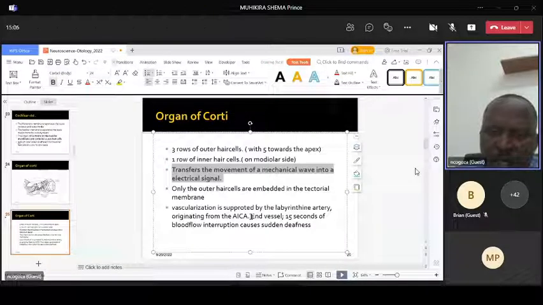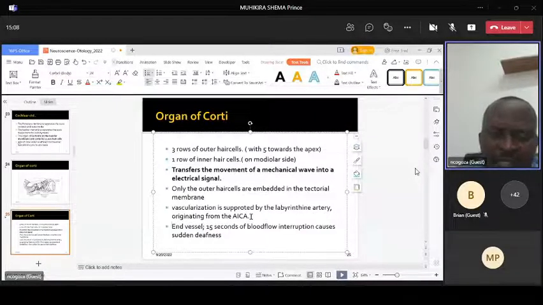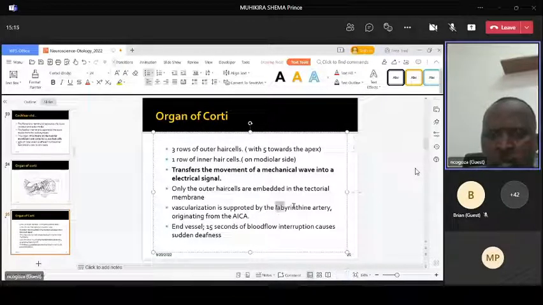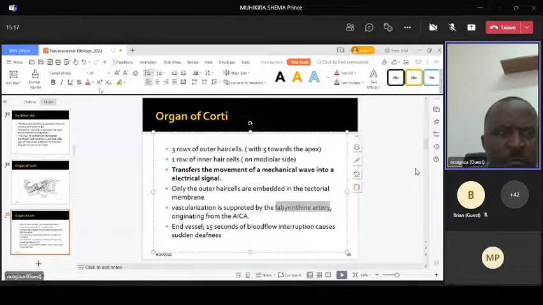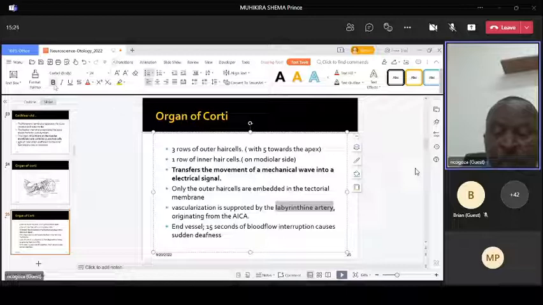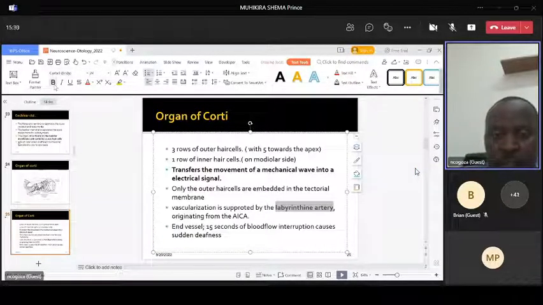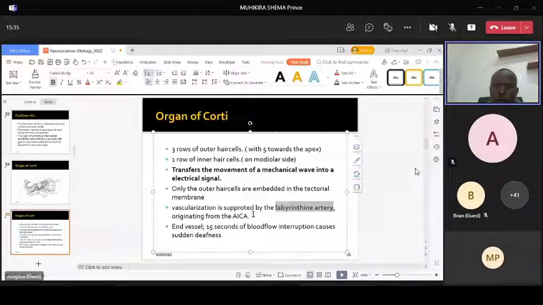So what you have to know again is that the blood supply to the cochlea is by the labyrinthine artery, and the labyrinthine artery is a branch of the inferior cerebral artery, and this is a branch of the basilar, and you go back and see where this is coming from.